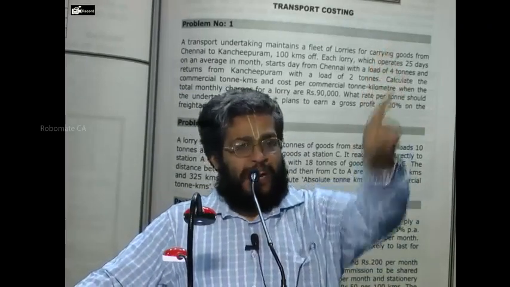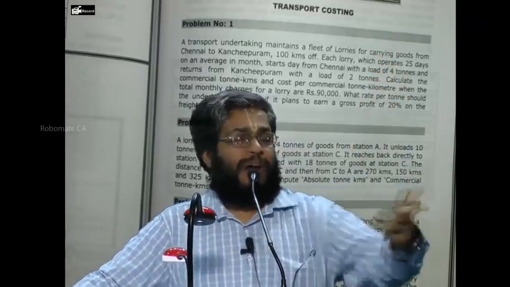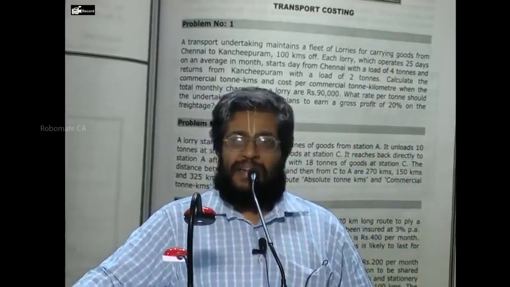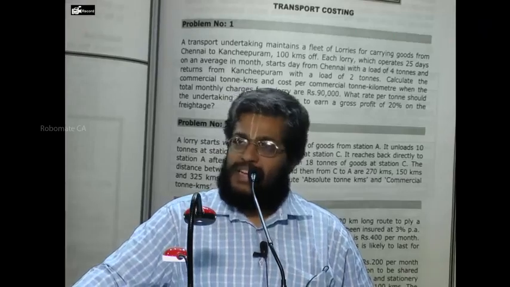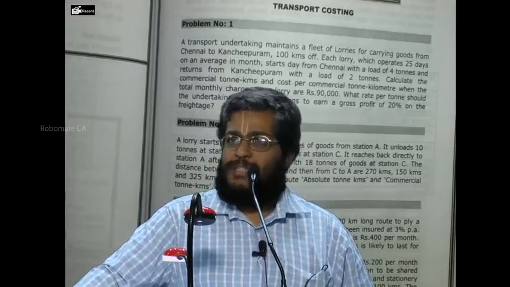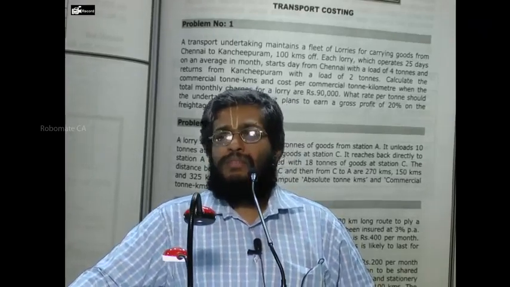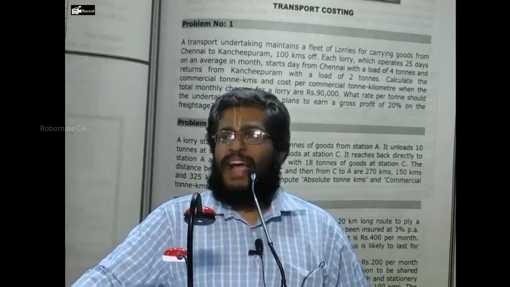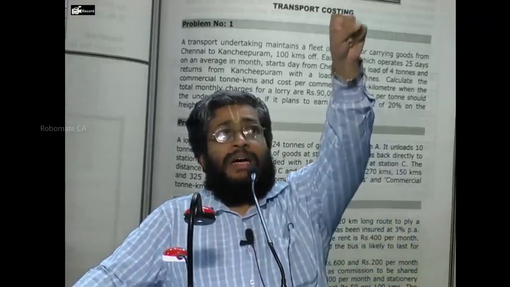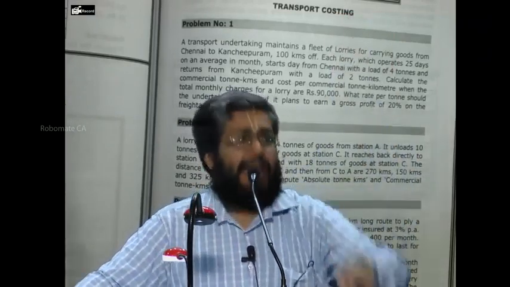Here I gave the functional budget names: sales budget, production budget, material consumption, material purchases budget, labor utilization, manufacturing overheads budget, administration and selling overheads budget, budgeted P&L account, then cash budget, capital expenditure budget, etc. In the examination, 99% of the time you should prepare the budgets in the same order.